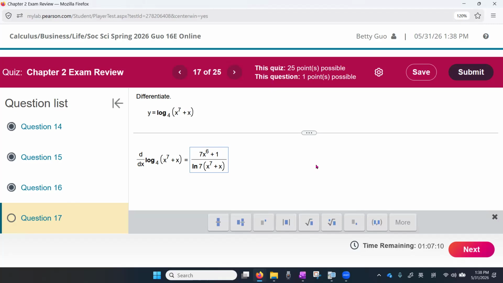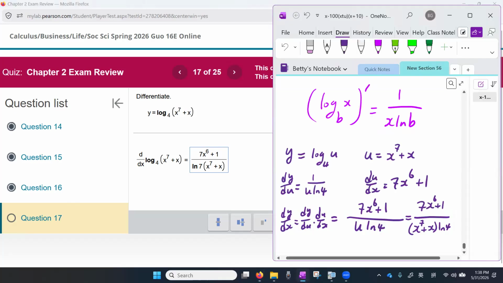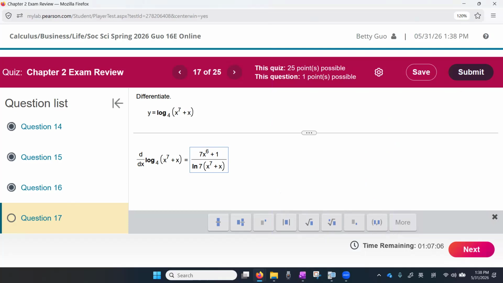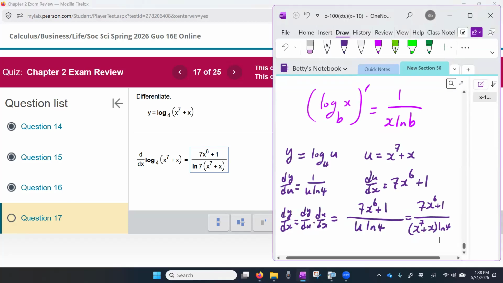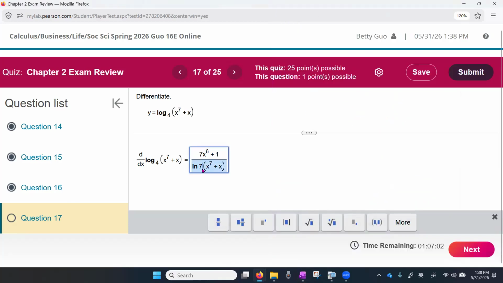Let's double check. The denominator is ln 4, my bad, ln 4. You can write ln 4 to the right of the parentheses. It really doesn't matter.